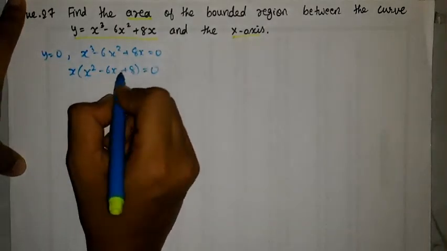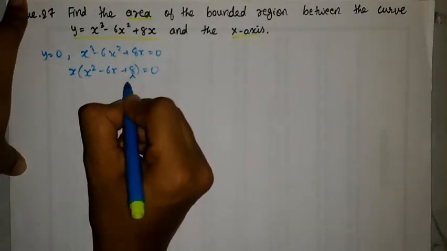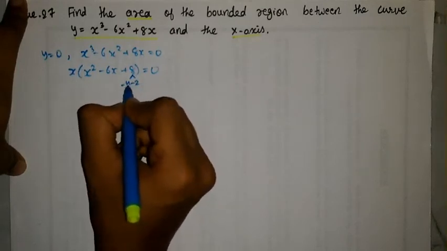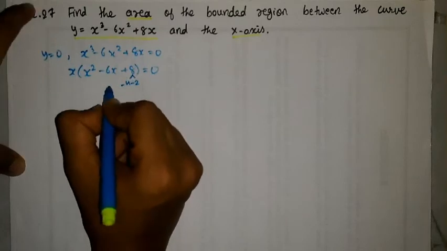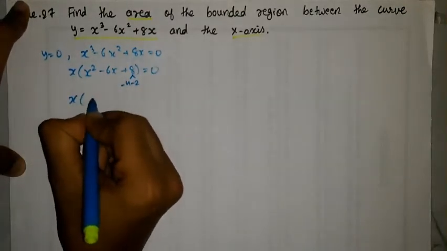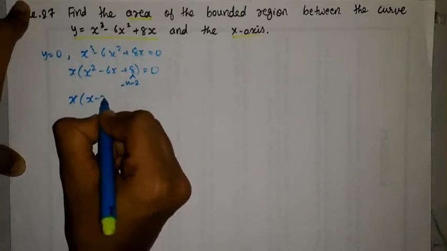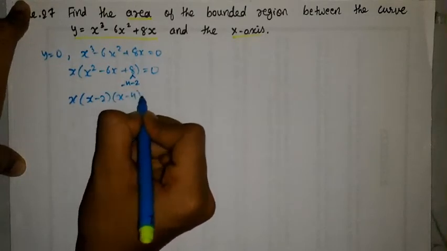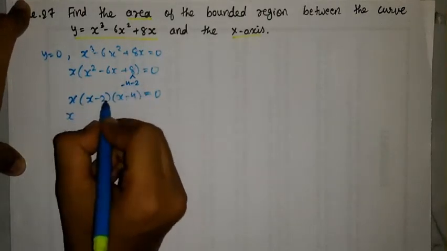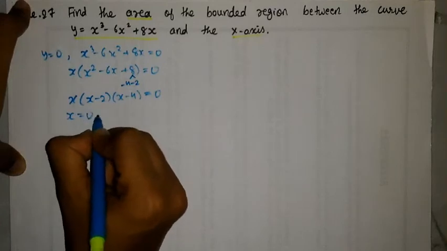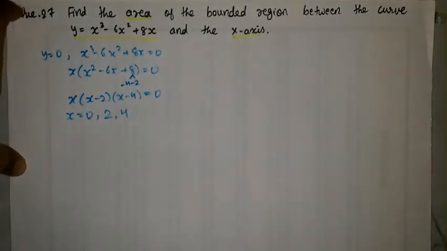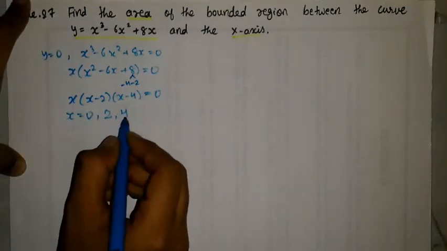And we can clearly see that its two factors are 4 and 2, because 4 twos are 8 and minus 4 minus 2 is minus 6. So we can write x minus 2 x minus 4 is equal to 0. Equating these terms to 0, we get x is equal to 0, x is equal to 2 and x is equal to 4. So we get 3 points where it will intersect the x-axis.